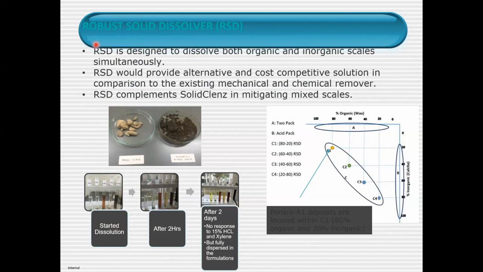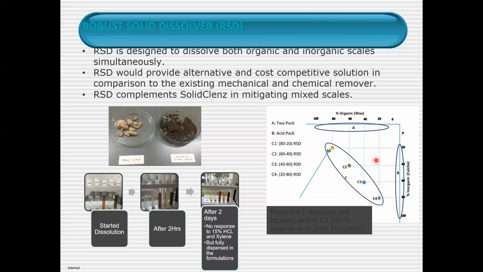Second, I'm very happy to flash this, the robust solid dissolver. Dr. Mansoor is one of the developers from when he was working with Petronas, so I'm happy to have him now currently in UTM. A robust solid dissolver is basically one chemical that can resolve both wax and scale.